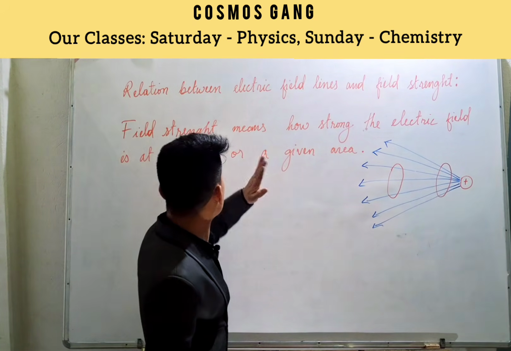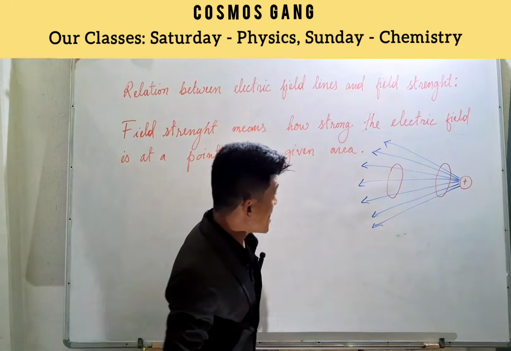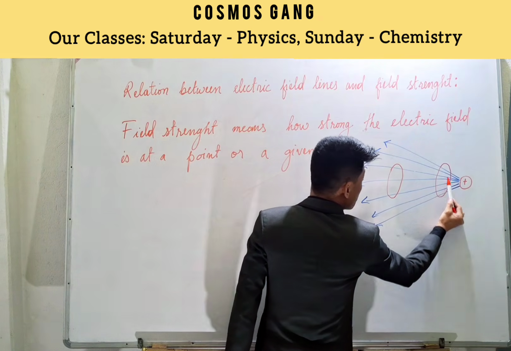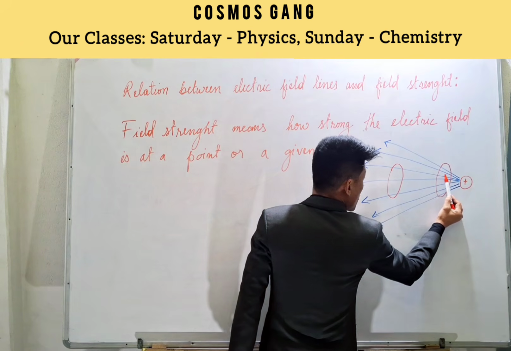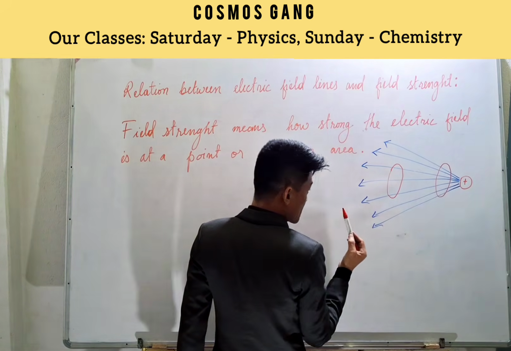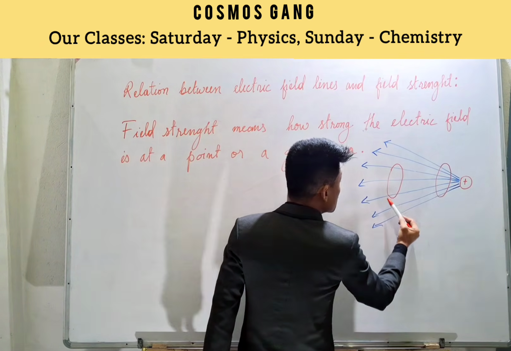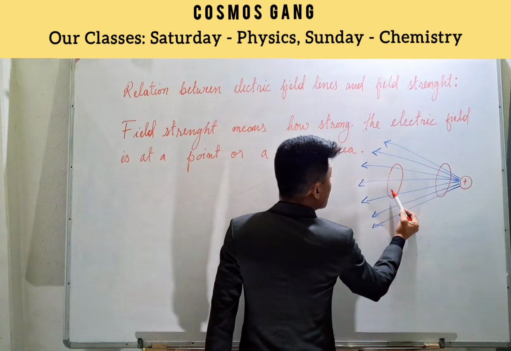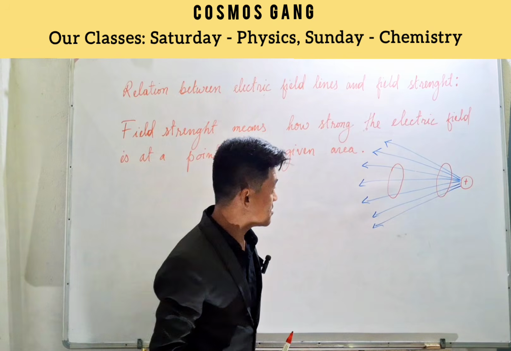So, the relation between electric field lines and field strength tells me that whenever the field lines are closely packed, my electric field strength is going to be greater, that means very strong, whereas my electric field strength in this region is going to be weaker because the electric field lines are placed far apart from one another.